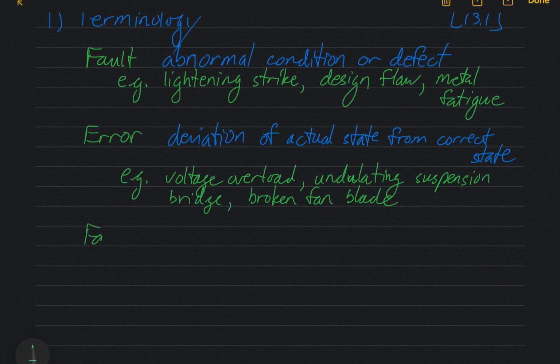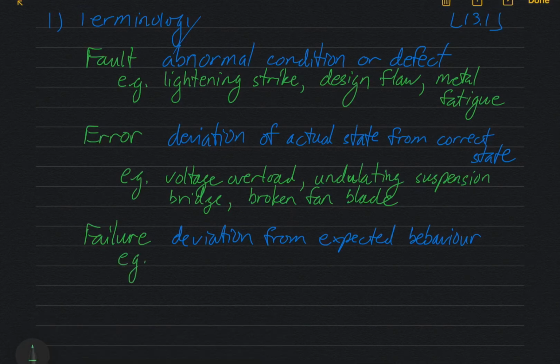So then the failure would be a deviation from expected behavior or service, depends what you're talking about. For example, the Apollo 12 systems were all offline about a minute after launch.